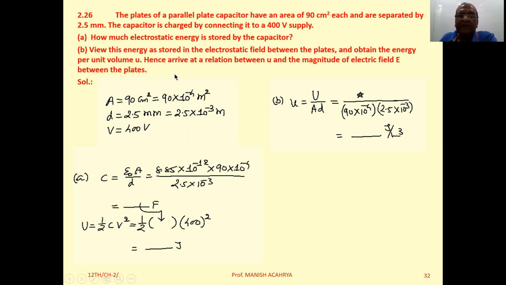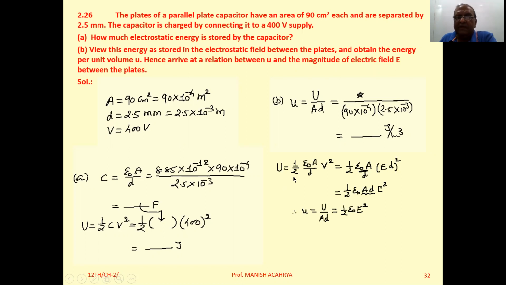Okay. Now it is given to you, arrive at the relation between U and the magnitude of electric field E. Now see, U is half CV square. C is epsilon 0 A by D, into V square.